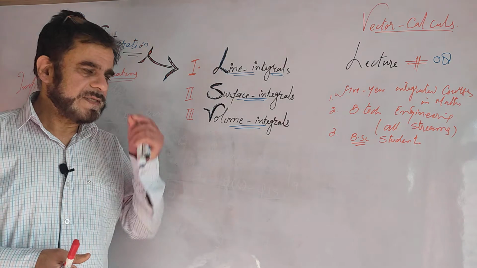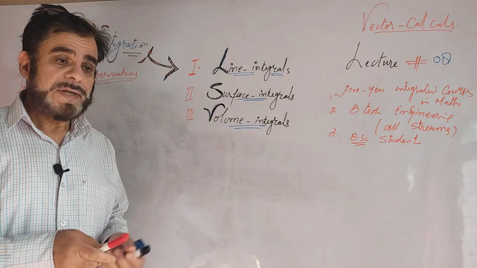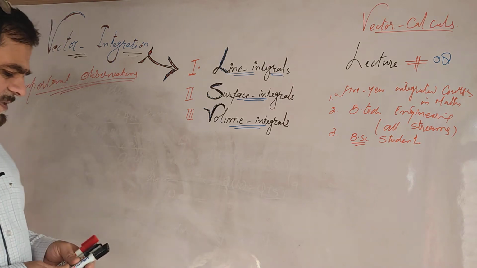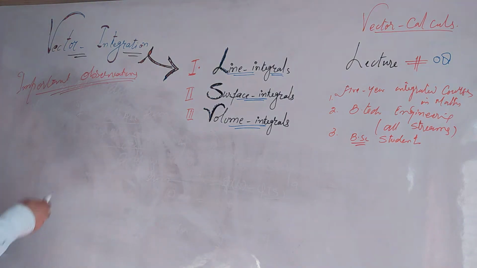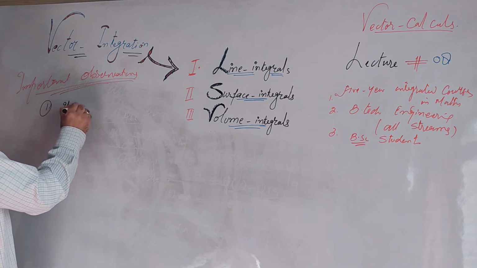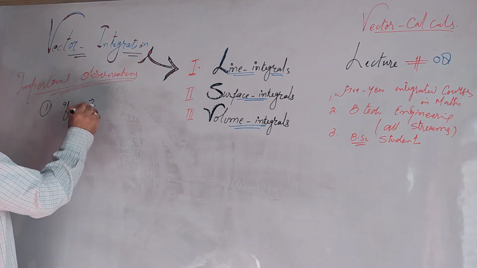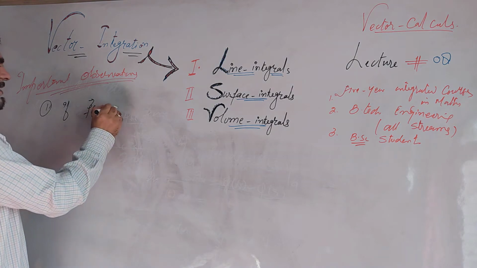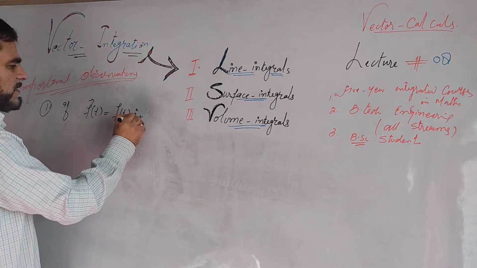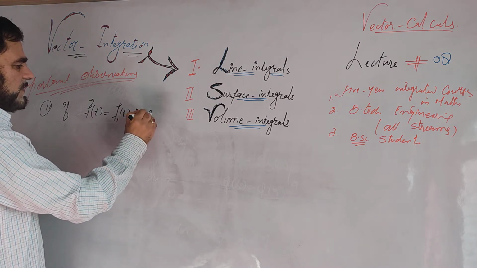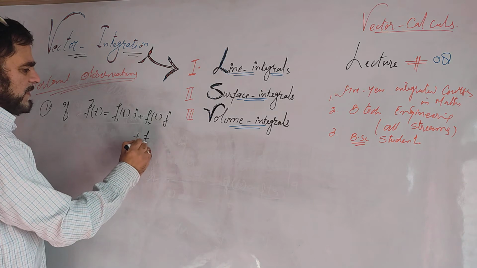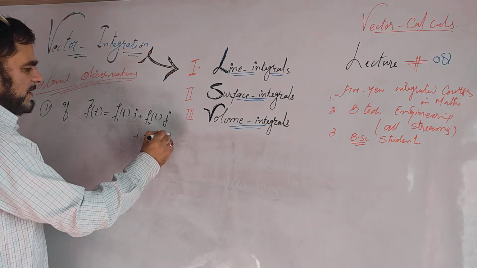You also have to apply them when you deal with this vector integration. First is very simple. First I will write, if we have the vector function f of t equal to, say, f1 of t i plus f2 of t j plus f3 of t k.